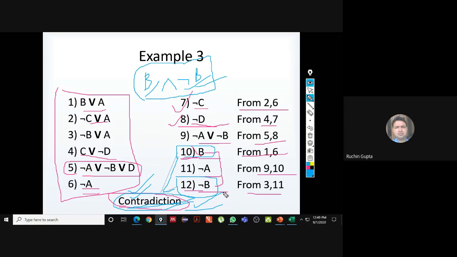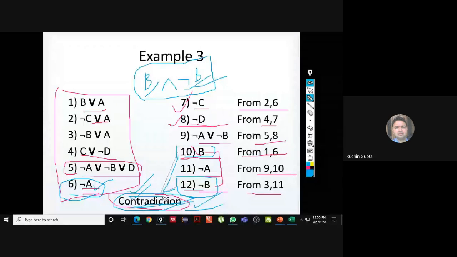So whenever we get a contradiction in this resolution method, we stop the procedure and we declare that whatever assumption we have taken is going to be false, and the negation of that assumption is going to be true. In this example we assumed negation of A, and we find that we are getting a contradiction.